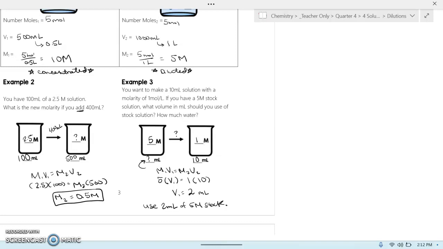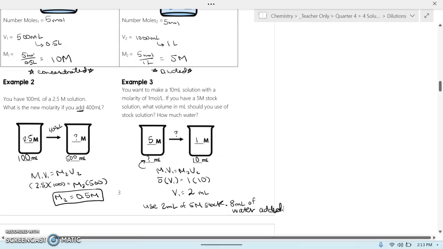Well, the leftover amount is 8 milliliters. That's what needs to be added to reach that final volume. So we'll use 2 milliliters of the stock and add 8 milliliters of water, and that will give us the final 10 milliliters at that 1 molar concentration.